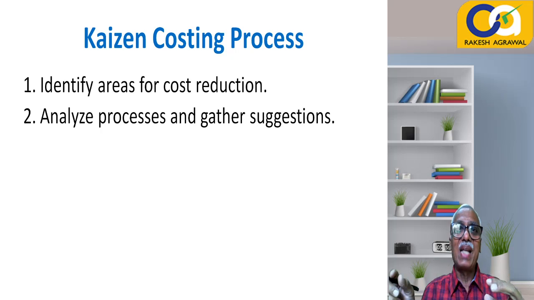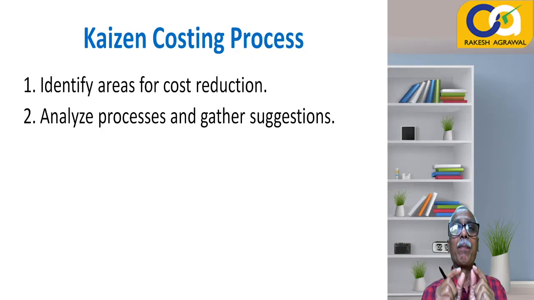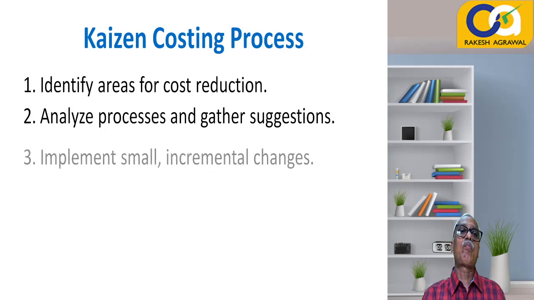So do that analysis, value chain analysis, carry out that process, and then gather the suggestions. Ask for improvements or suggestions from the employees: can we reduce a particular process, where a cost reduction is possible, how we can do it in a different and better way. So analyze your entire process and gather the suggestions from your employees.